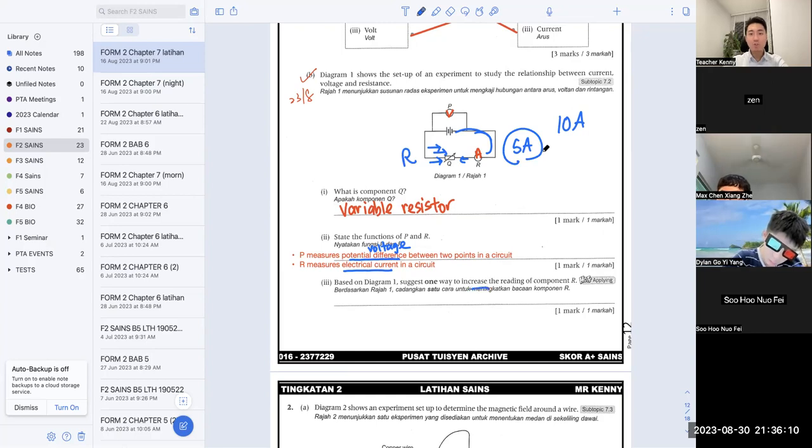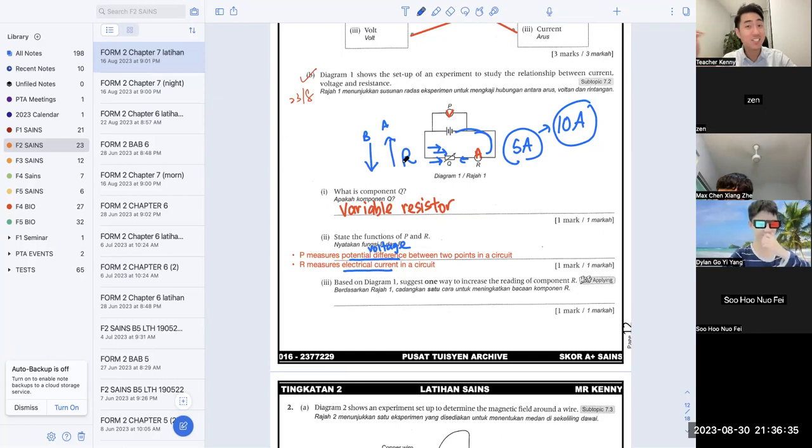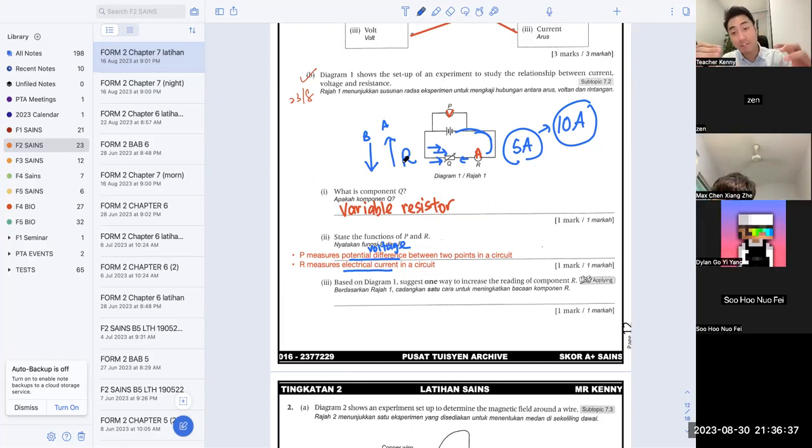So students, let's say I'm moving at 5. I want my number to go up, that means move at 10. I want my electric current to move faster. Should I bring my resistance higher or should I drop my resistance? Tell me, is it A or B? If I want my electric current to flow faster, should I make my resistance stronger or weaker?